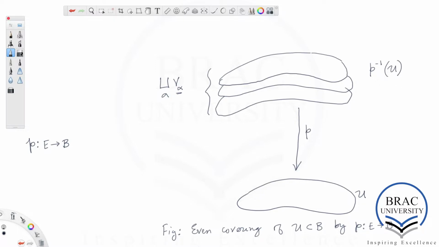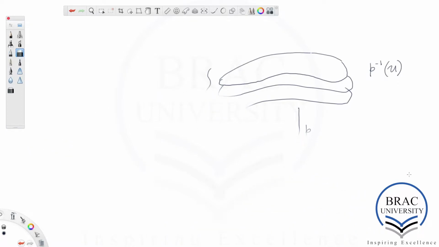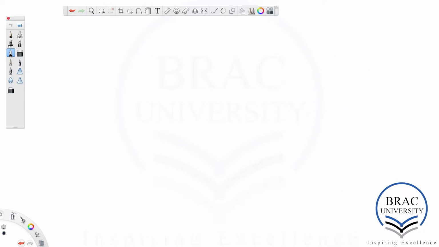Now the definition of covering map. Let P from E to B be continuous and surjective as before.